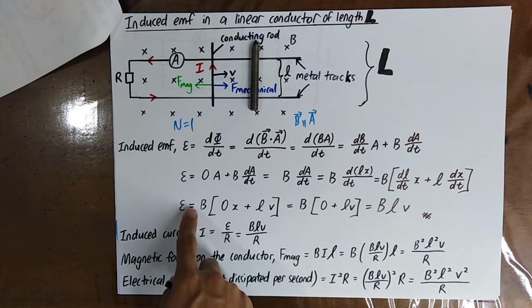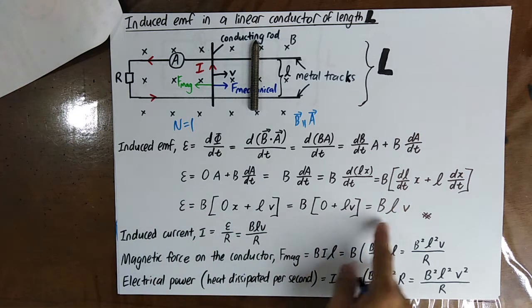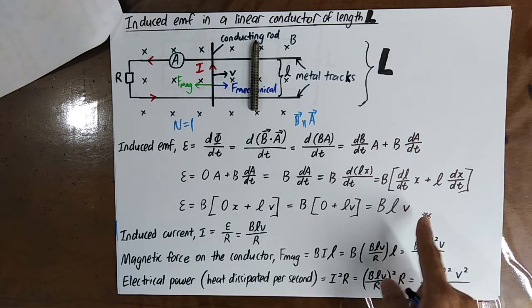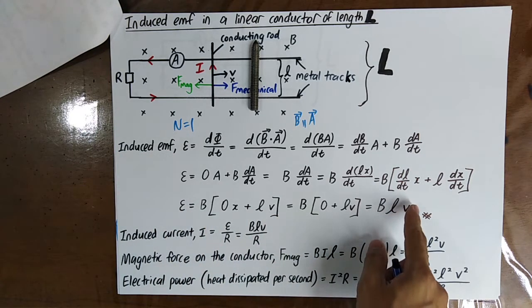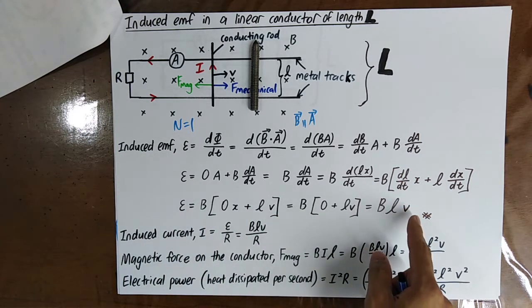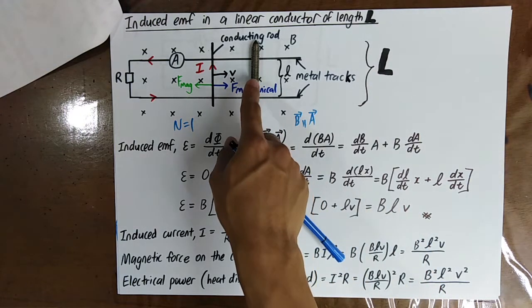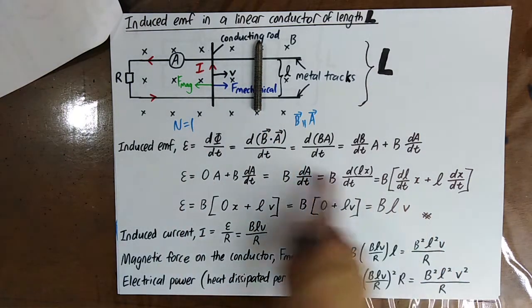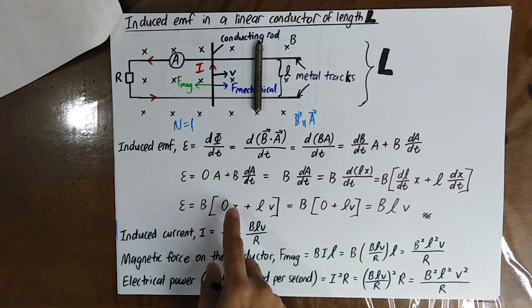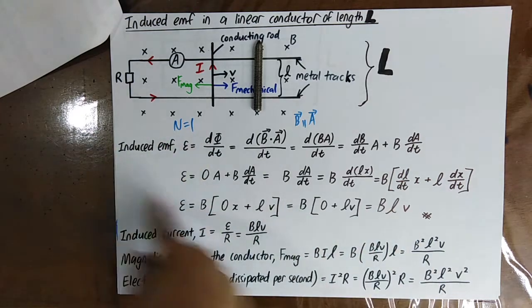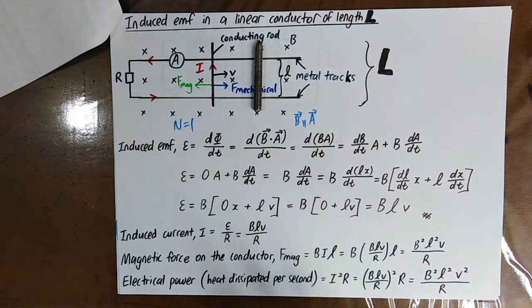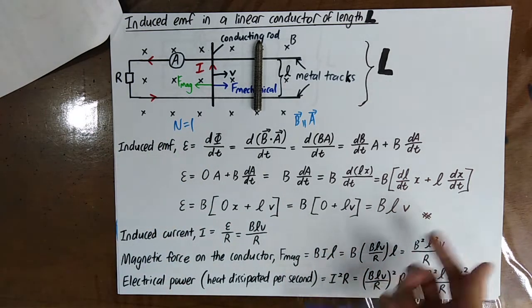So the induced EMF equals BLv, and you realize that this induced EMF comes from the velocity. That means it comes from the motion of the conducting rod. Therefore, we also call this motional EMF. So next time when you hear about motional EMF, it's exactly this one. I just use another name to say this.